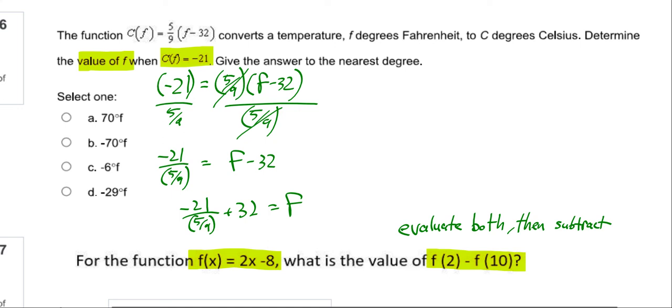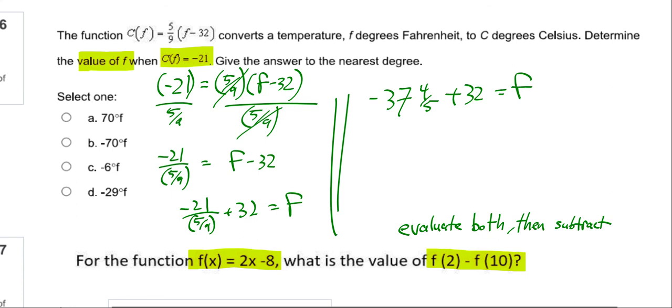Now, if I take negative 21 and I divide it by 5/9, I find it's negative 37 and 4/5. It's not any prettier. 37, I'll draw a better 7, and 4/5. Plus 32 is equal to my temperature in F. And if I add 32 to that, well, 37 and 32 is about 5 away from each other.